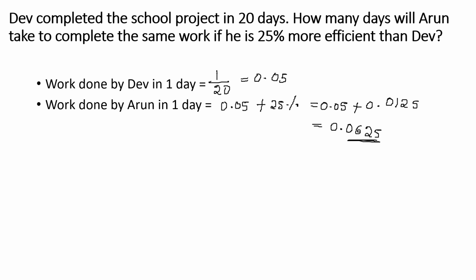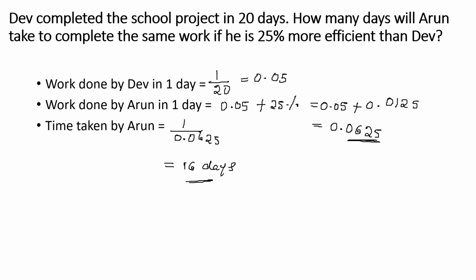So this is work done by Arun in 1 day. Therefore, time taken by Arun will be 1 divided by 0.0625, which is equal to 16, right? So 16 days. So Arun will take 16 days to finish the project.